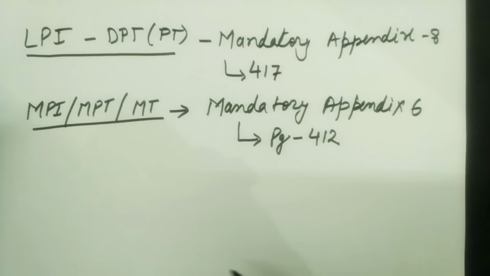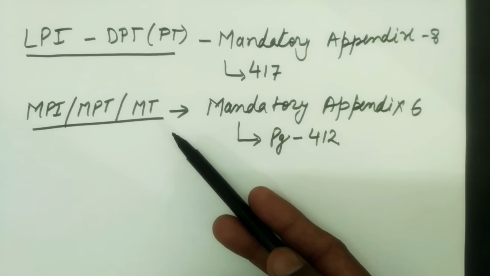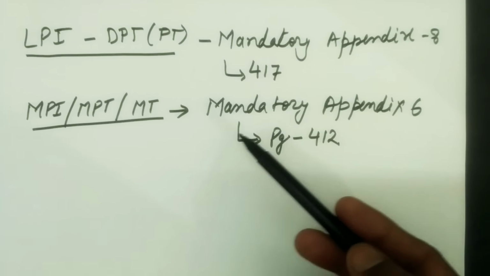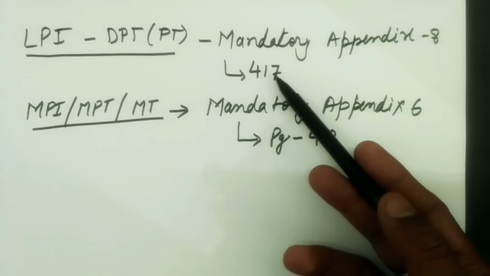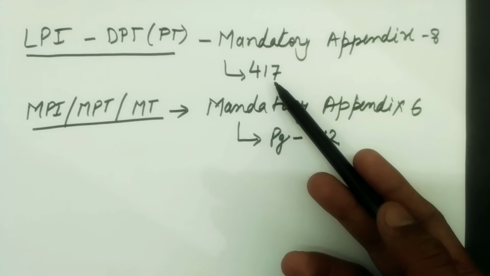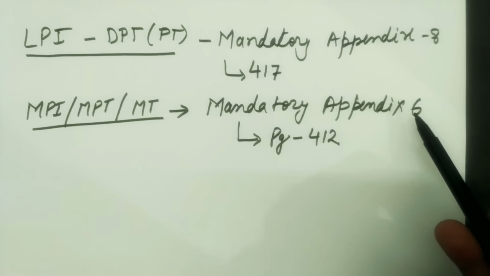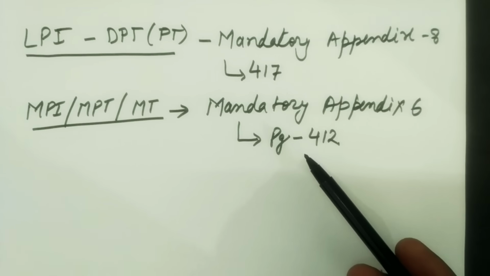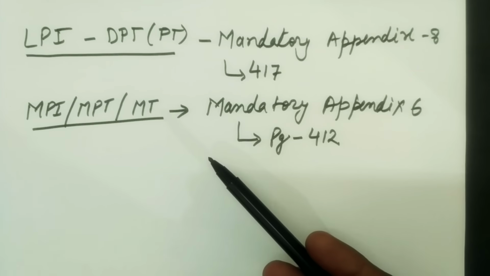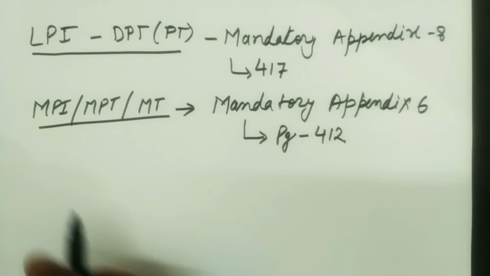One more thing I want to tell you, the acceptance criteria for DPT and MPI is the same in ASME section 8, but you can find this on separate pages. For DPT, mandatory appendix 8, page number 417, and for MPT, appendix 6, page number 412.